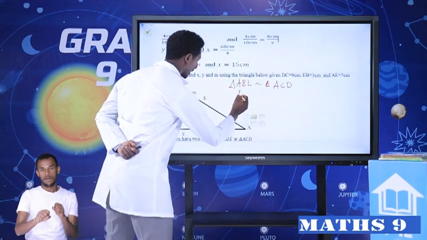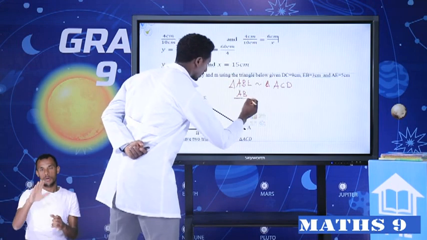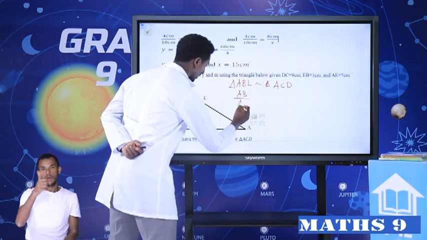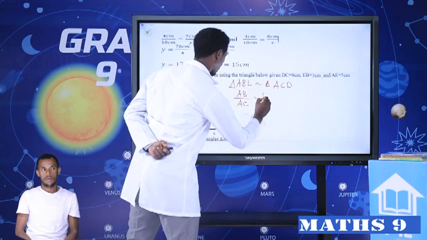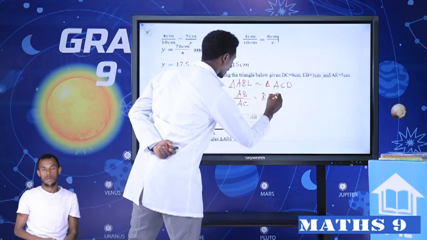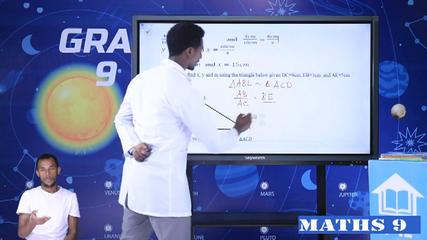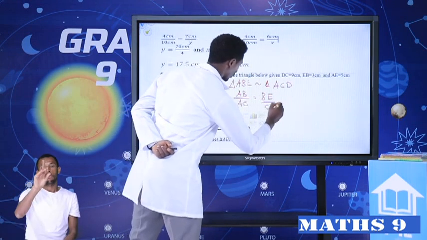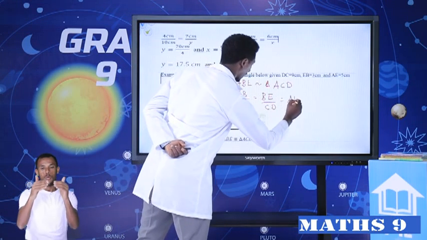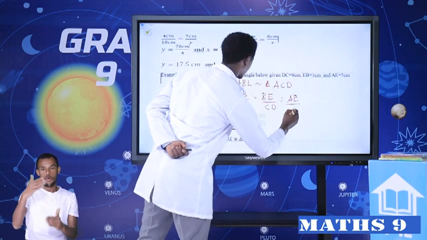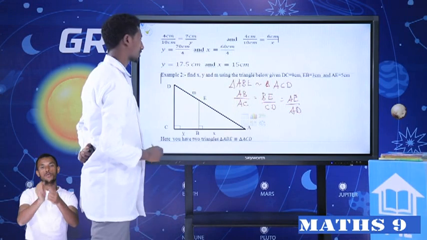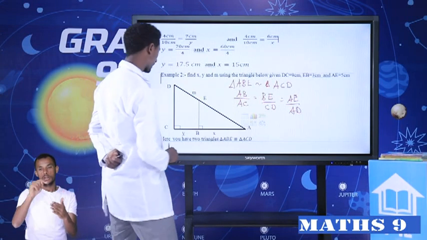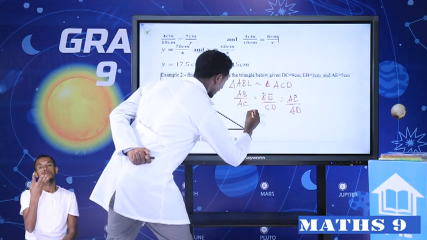So AB over AC equals BE over CD, which equals AE over AD. Let's substitute the values. The value of AB is x.